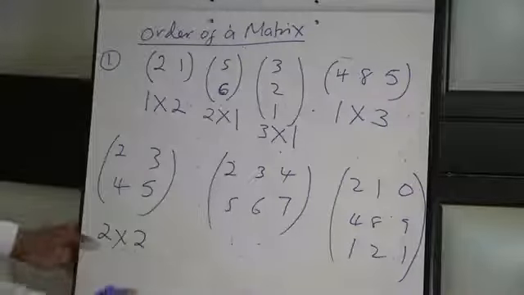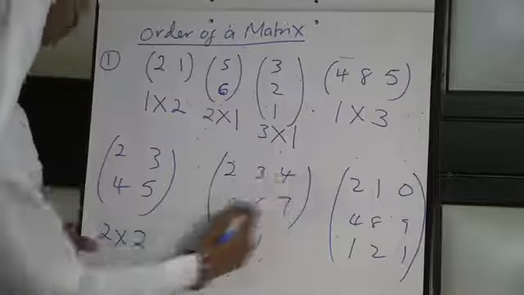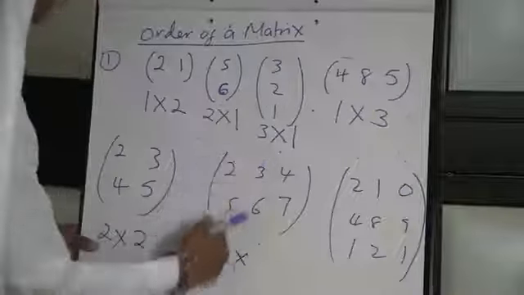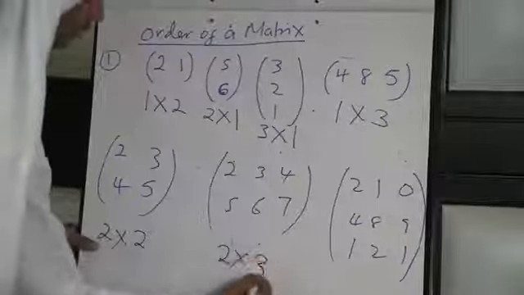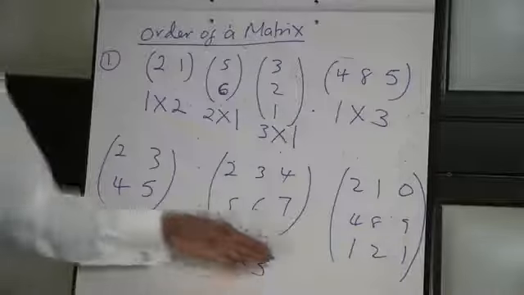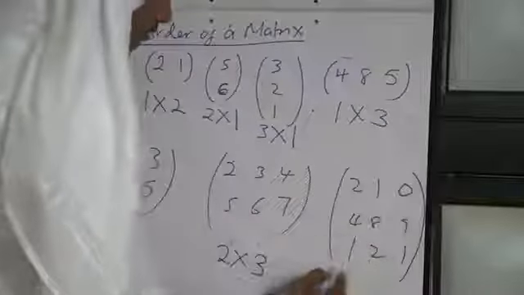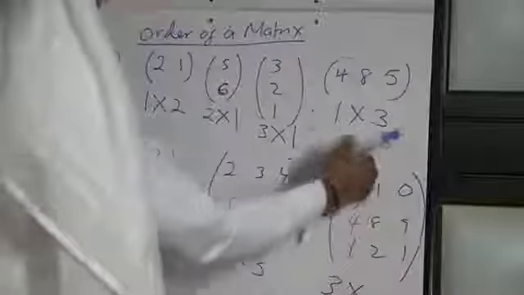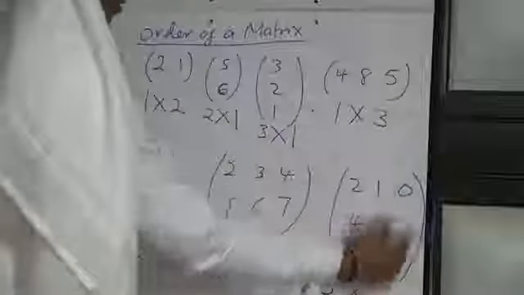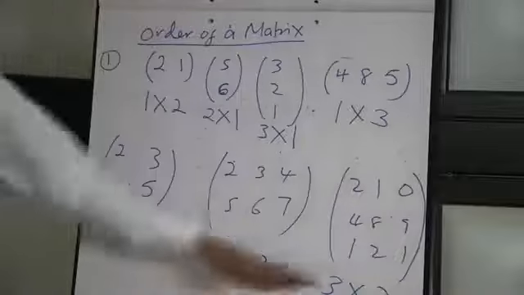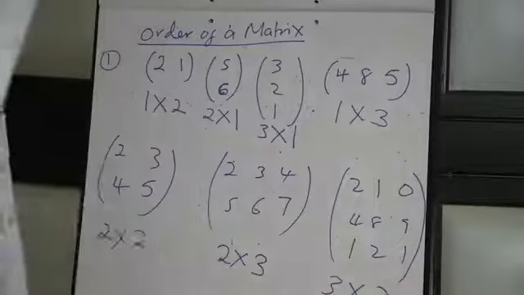The next one has 2 rows by 3 columns, so it is a 2 by 3 matrix. The next one has 3 rows by 3 columns. This is a 3 by 3 matrix.